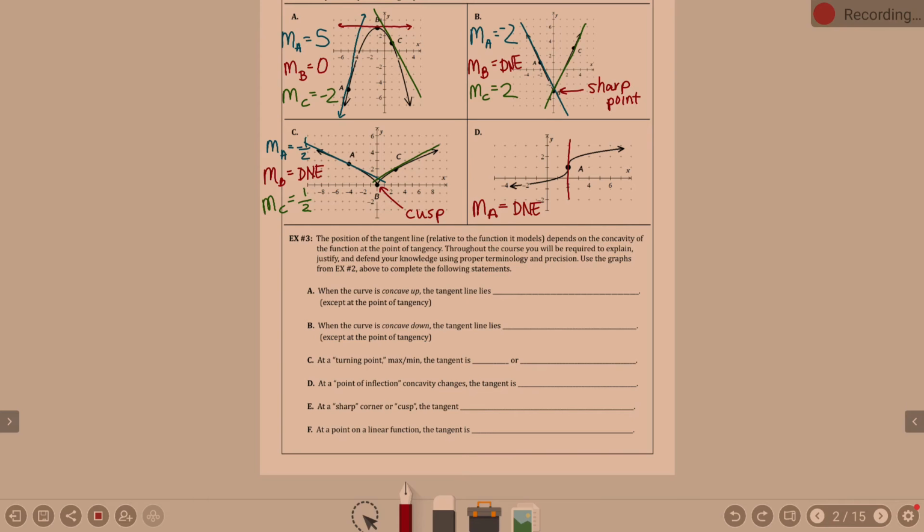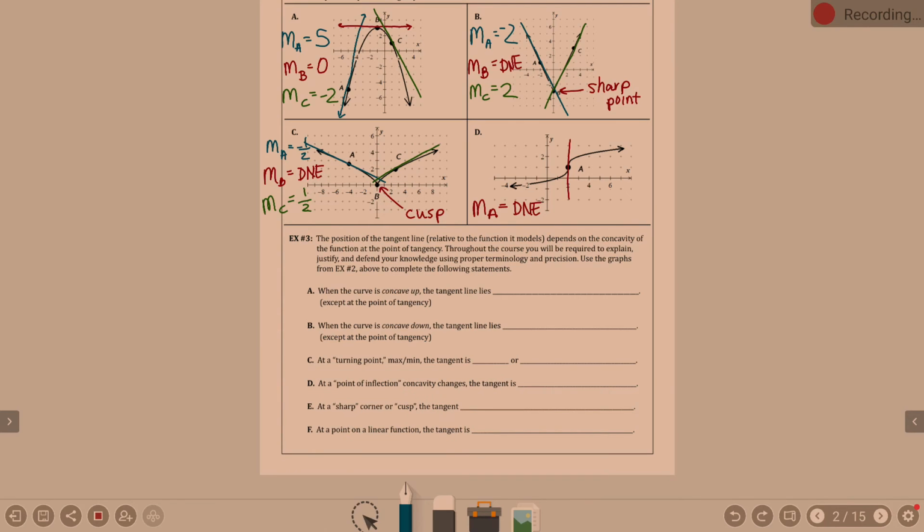When a curve is concave up, do we even have anything being concave up? We didn't have anything concave up, really. Or we could look here if you want.